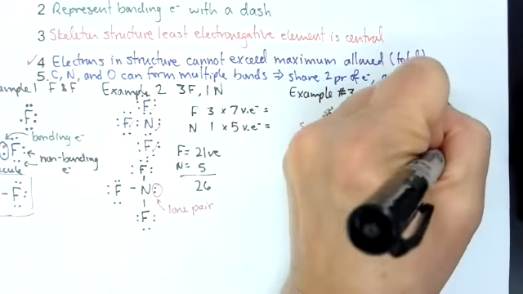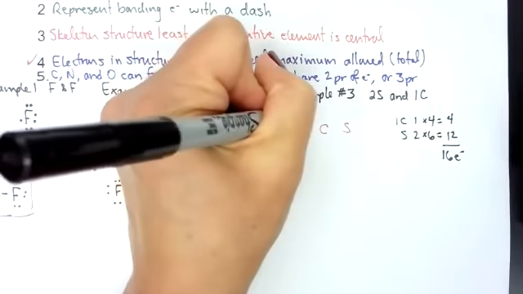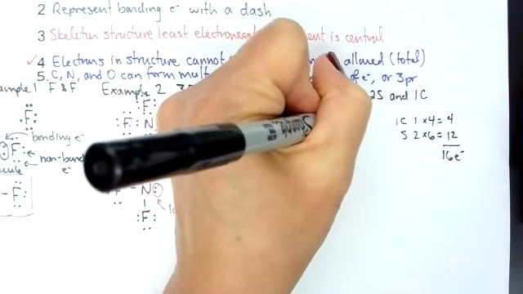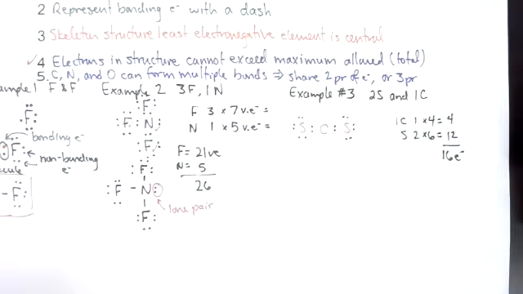So I have a total allowed electrons of 16. So here we go: 2, 4, 6, 8, 10, 12, 14, 16.